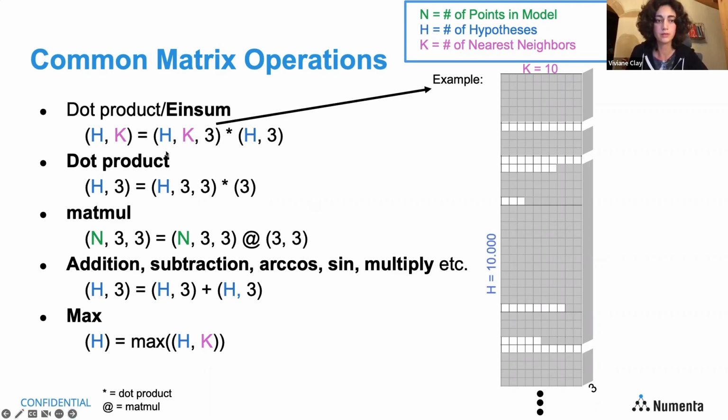So this is constant. This is all the hypotheses we have, and then this is using the observation and the k-nearest neighbors of this location, and comparing that to the stored features in the graph.